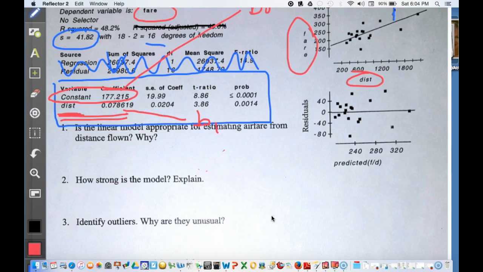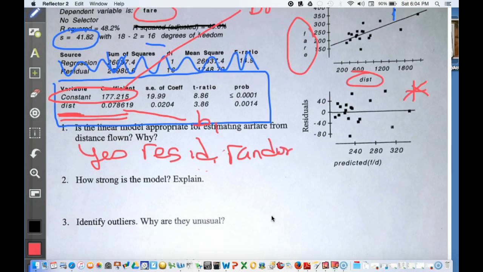If you look at the questions here, it says, is the linear model appropriate for estimating the fare? Looking at this residual plot, we see a nice random pattern. So we'd say, hey, yeah, this is appropriate. Yes, because the residuals are random. How strong is the model? Well, you would look at your r squared, and our r squared is only about 48.2%.